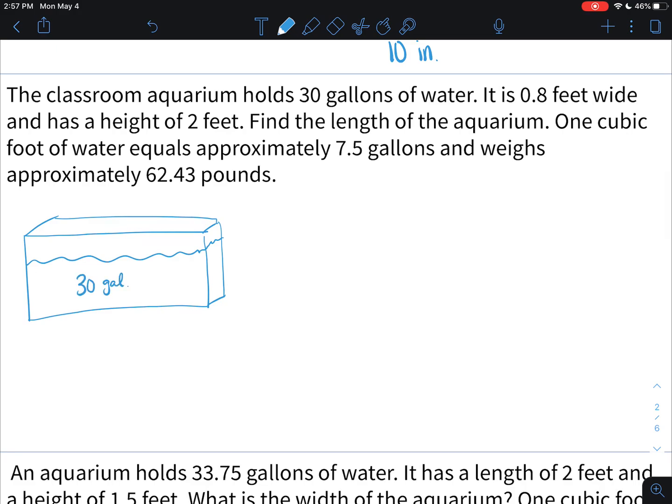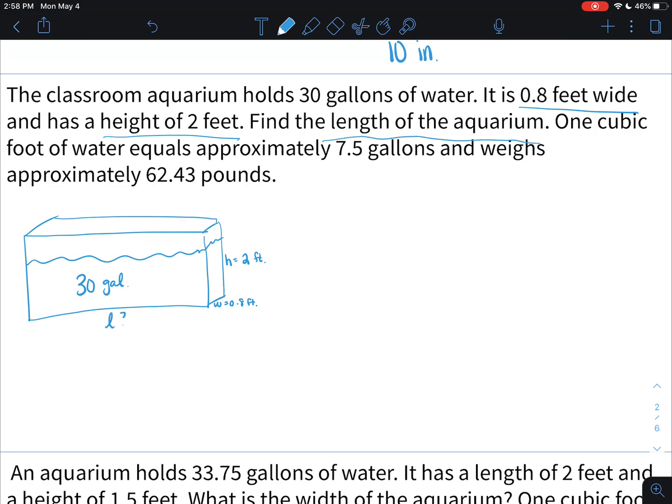So it tells you that this holds 30 gallons of water. It is 0.8 feet wide, so I can label W equals 0.8 feet. And it has a height of 2 feet, so the height equals 2 feet.